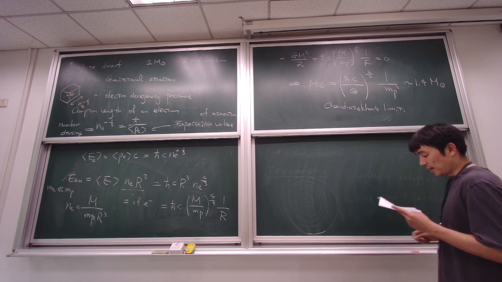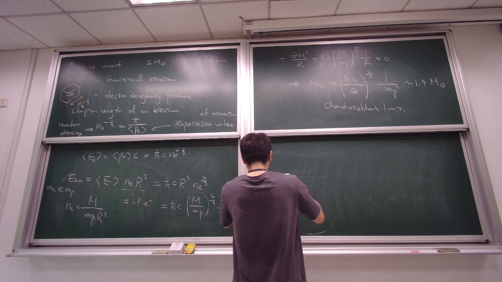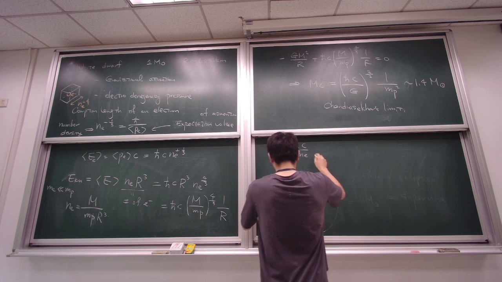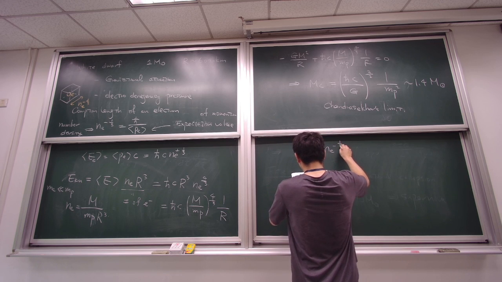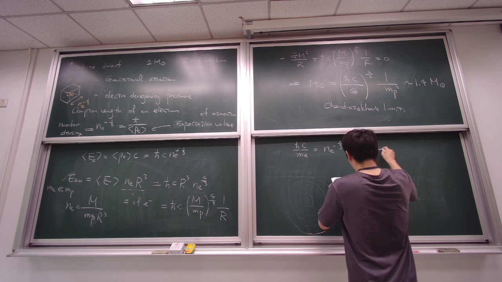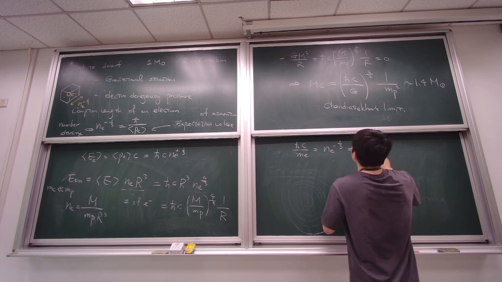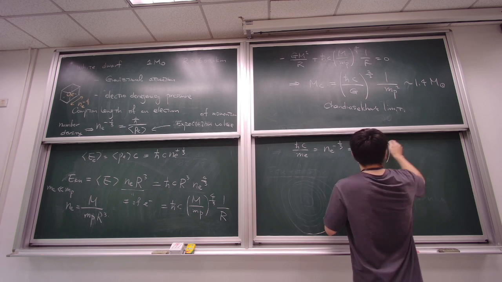Okay, and then we know that the Compton length is roughly h bar c over the mass of the electron, which is n_e to the minus 1/3. Then this is equal to (Mc divided by mp over Rc cubed) to the minus 1/3.